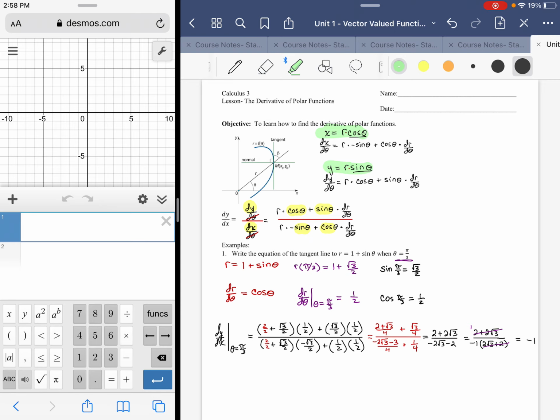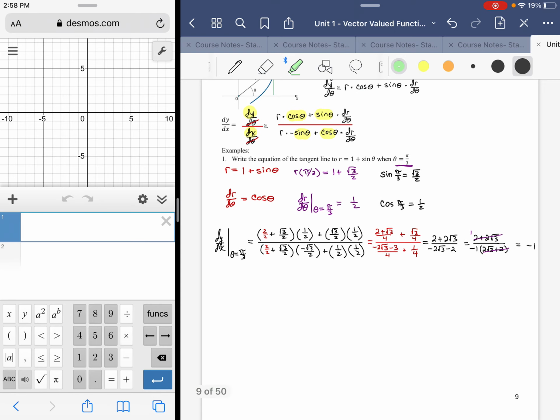X is equal to r cosine theta and y is equal to r sine of theta. So I could find x where theta is equal to pi over 3. And same thing for y.